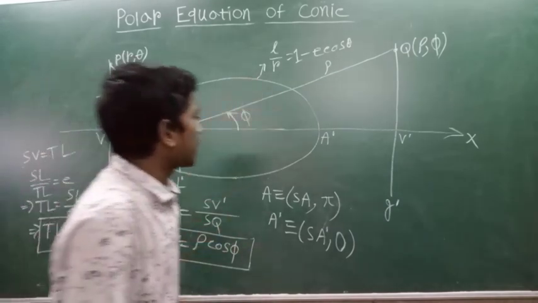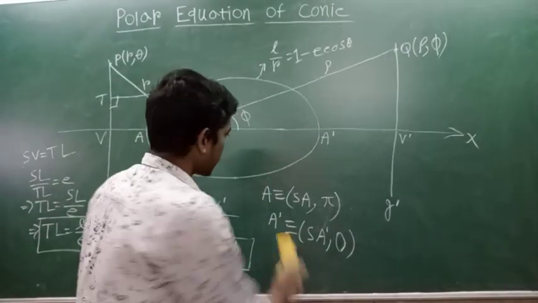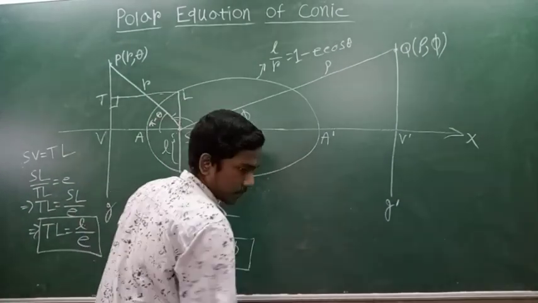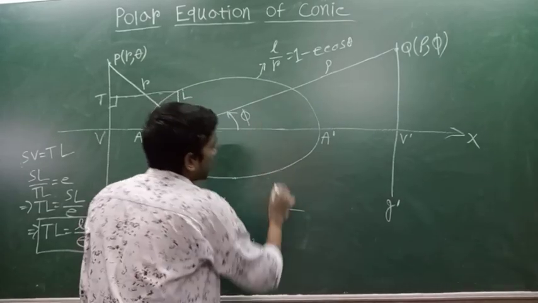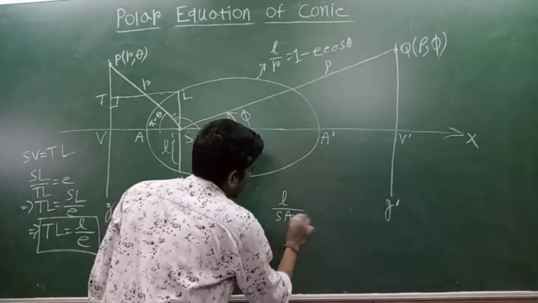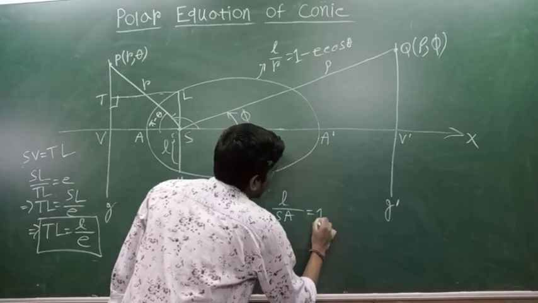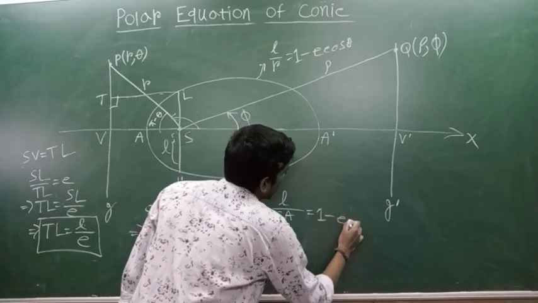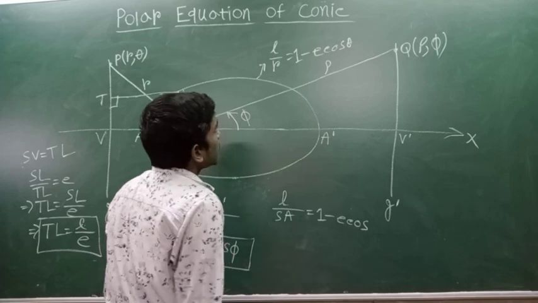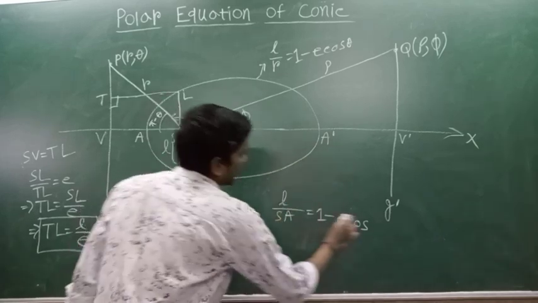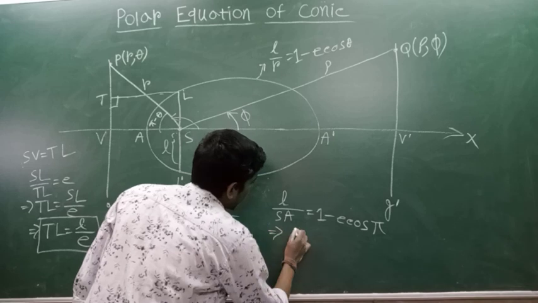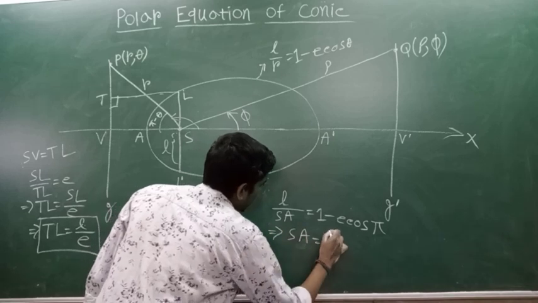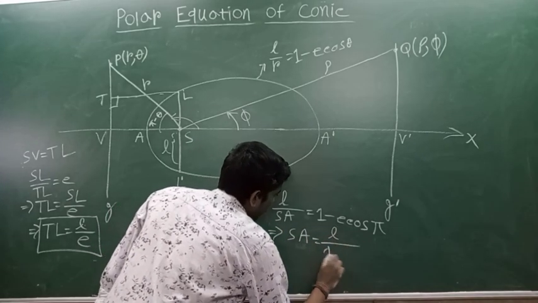So we'll put this here, and we get l by, in place of r we write SA, is equal to 1 minus e cos pi, and e cos pi is minus 1. From here we get SA is equal to l by 1 plus e.